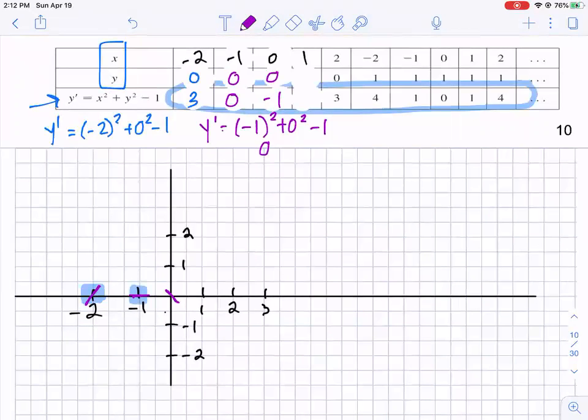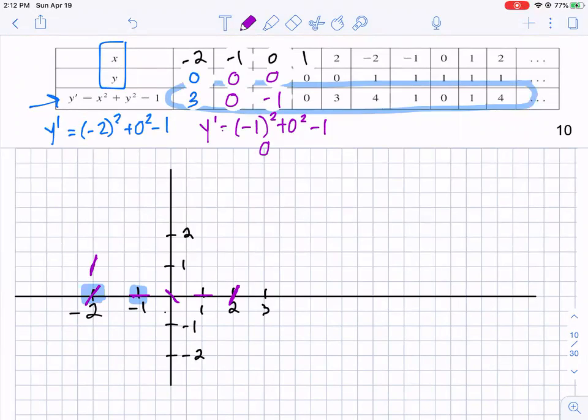And remember, these are just sketches. So at 1, 0, our slope is 0, so it's going to be horizontal again. At 2, 0, our slope is +3. This will be steep. At -2, 1, our slope is 4, so it's going to be slightly steeper than our 3 slope.